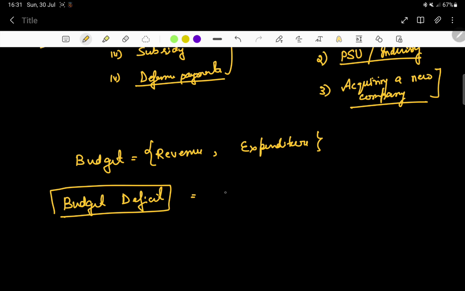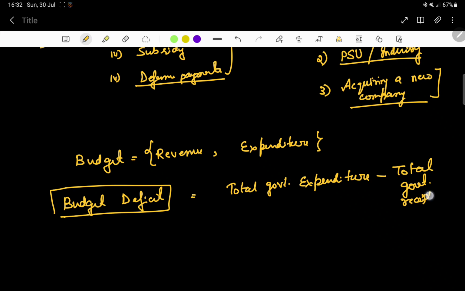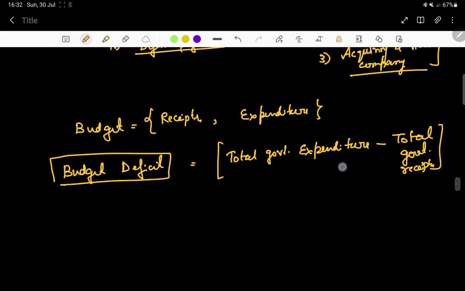So total government expenditure minus total government receipts is called budget deficit.